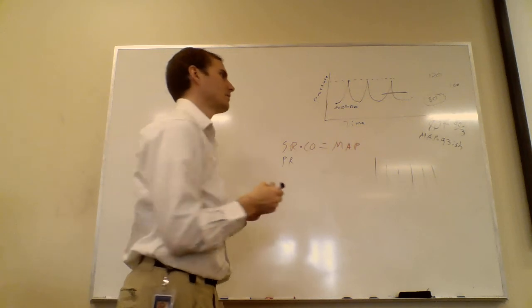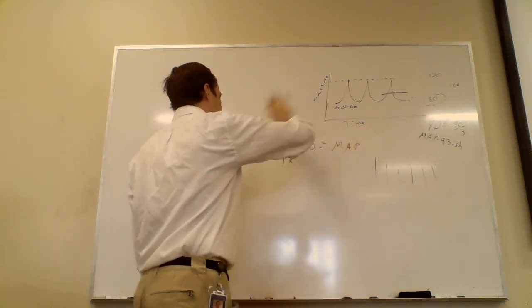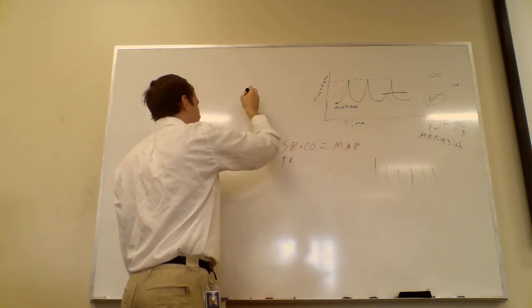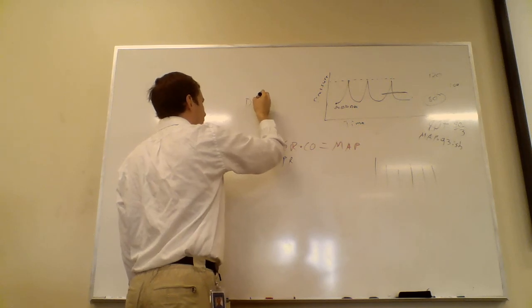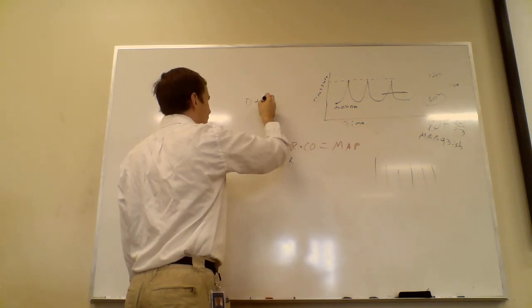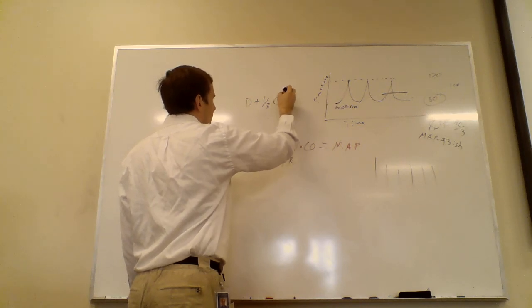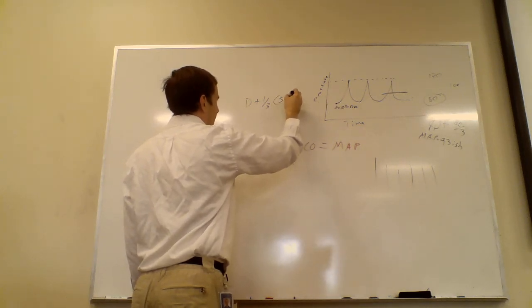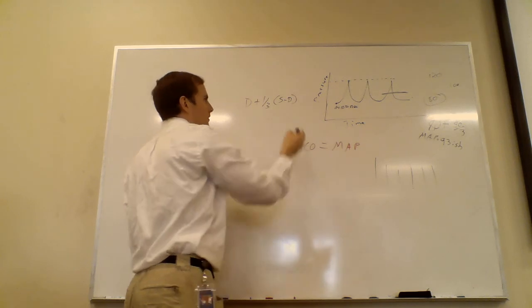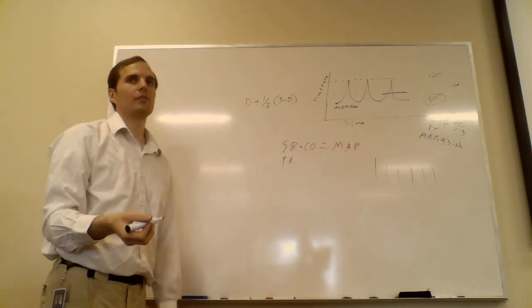Does that kind of make sense? You can also just memorize the formula and not worry about why and just say diastolic plus 1/3 systolic minus diastolic, if you'd like to just memorize it.